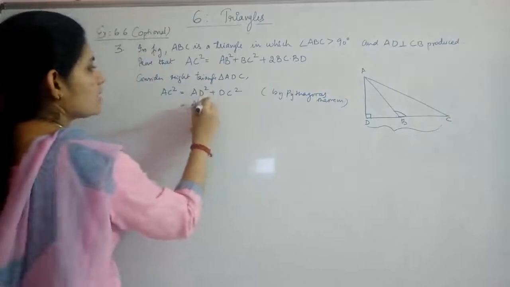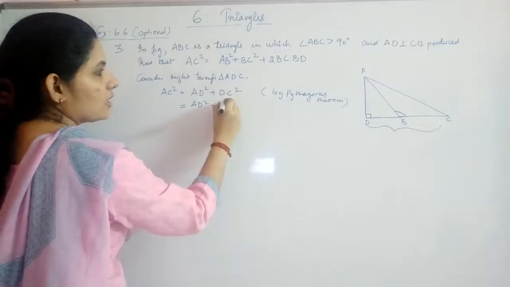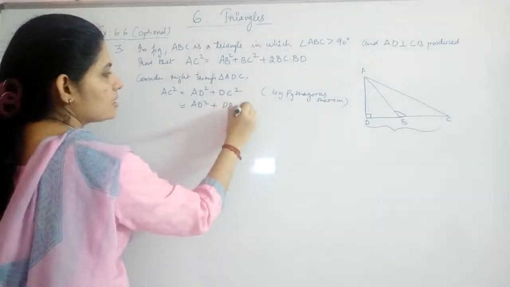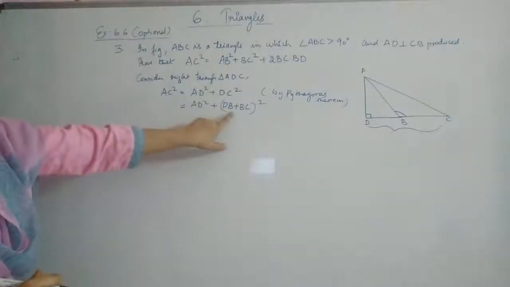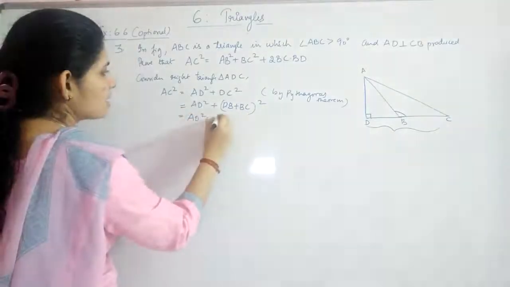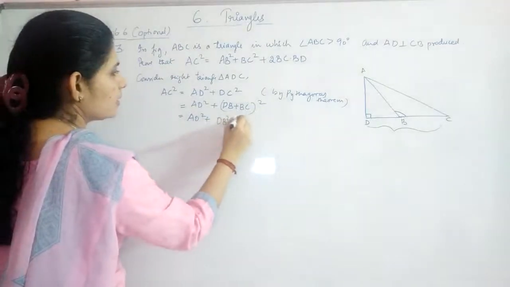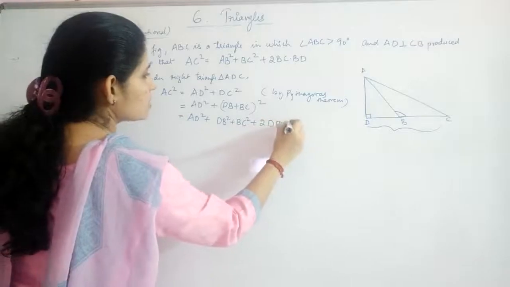So AD square as such we are writing and replacing DC with DB plus BC the whole square. Now we are applying A plus B the whole square. What you will get, AD square plus DB square plus BC square plus 2DB into BC.